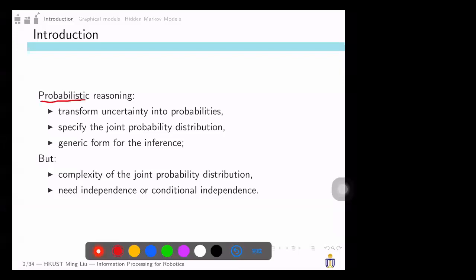For probabilistic reasoning, we want to transform uncertainty into probability. That means you have some qualitative measures, and you want to have quantitative, numerical representations. We want to specify the joint probability distribution, and this is the key.